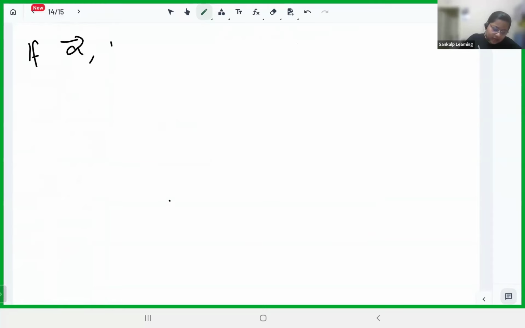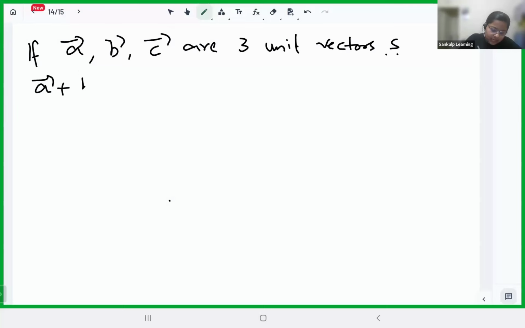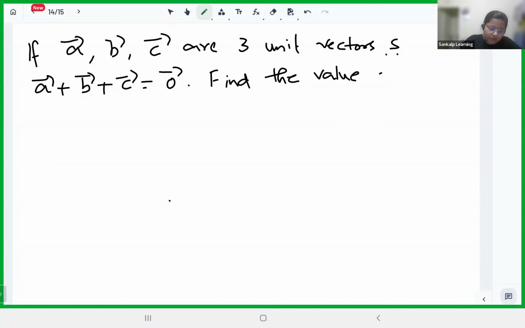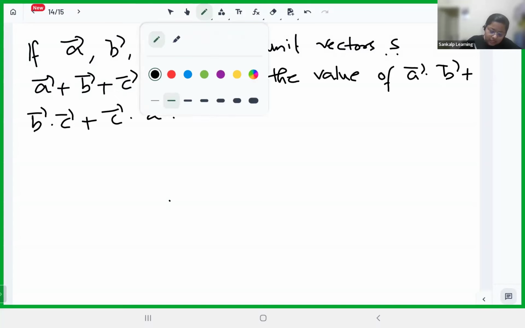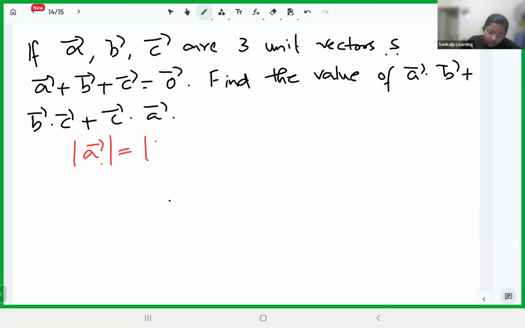If vector A, vector B, vector C are 3 unit vectors such that vector A plus vector B plus vector C equal to vector 0, find the value of vector A dot B plus vector B dot C plus vector C dot A. So A, B, C are 3 unit vectors, which means, from that itself, we get the first condition: the magnitude of A equal to magnitude of B equal to magnitude of C is equal to 1.